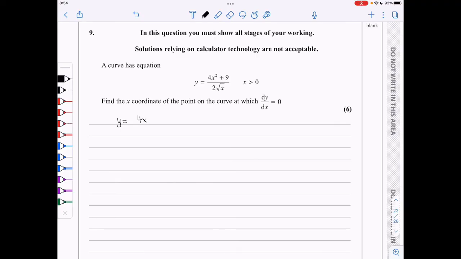So it's 4x squared over 2x to the half plus 9 over 2x to the half, which is 2x to the 3 over 2 plus 9 over 2 x to the minus a half.